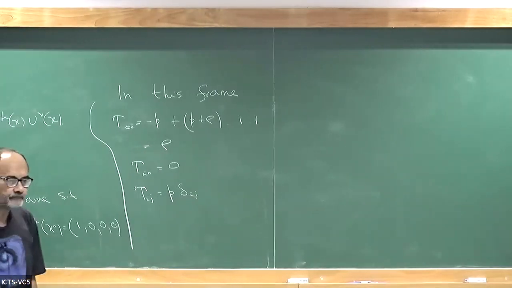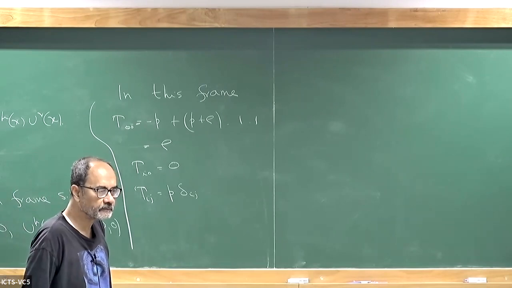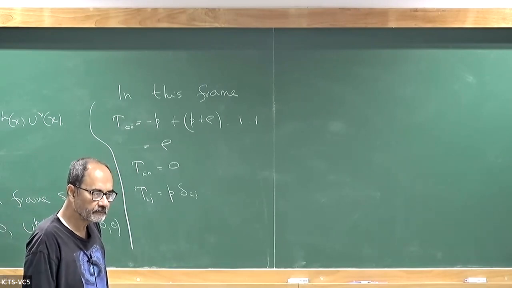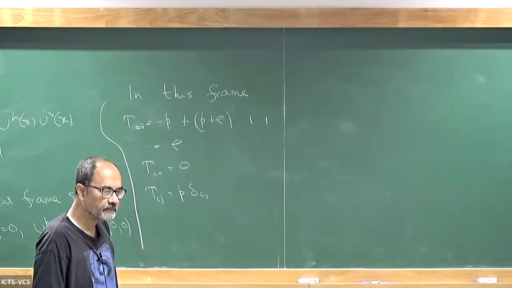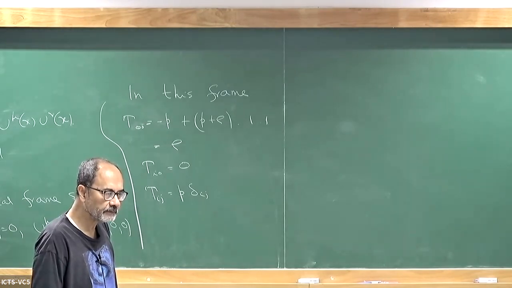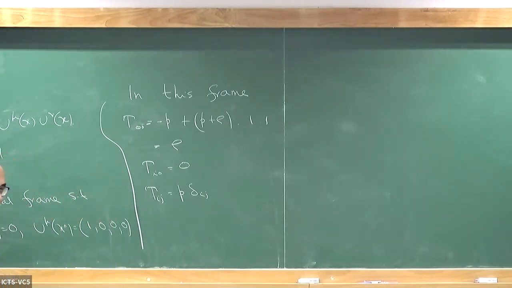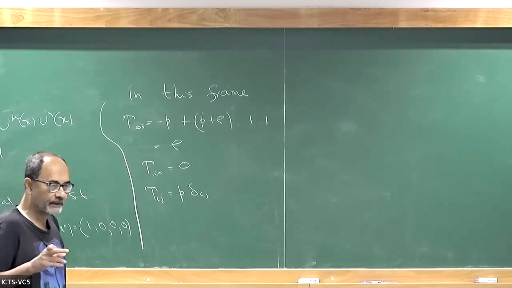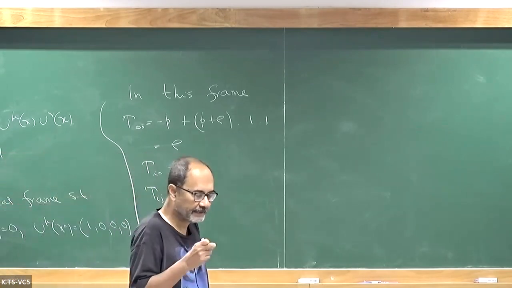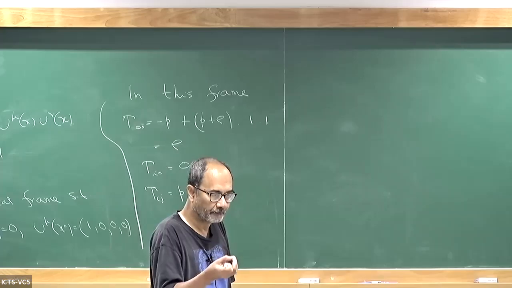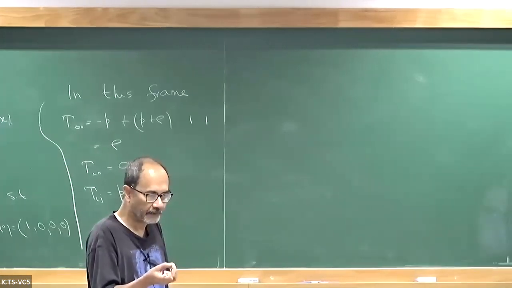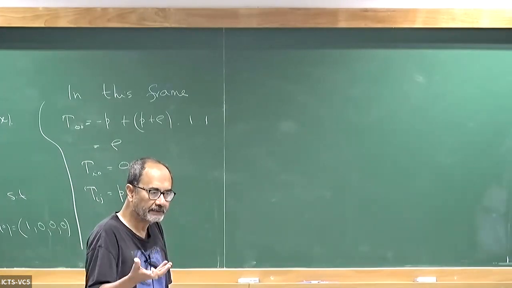Is it always possible to find some coordinate where the fluid is at rest? Not at every point. You can go to a coordinate system in which the fluid is at rest at x naught at any given space-time point. At a different space-time point, you have to change your coordinate system.